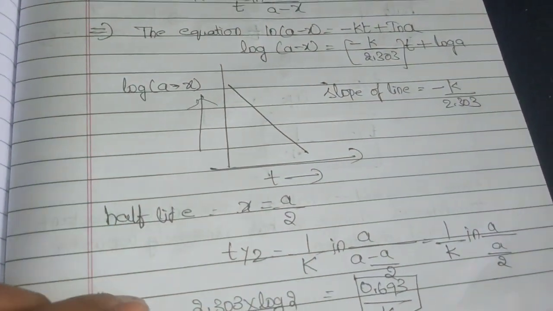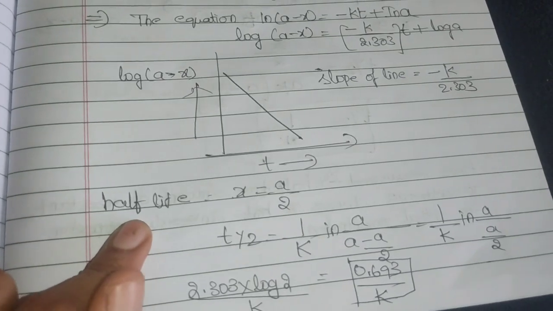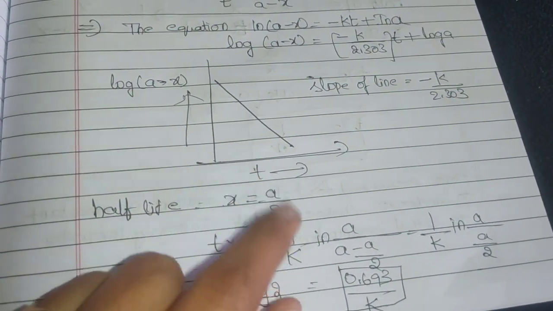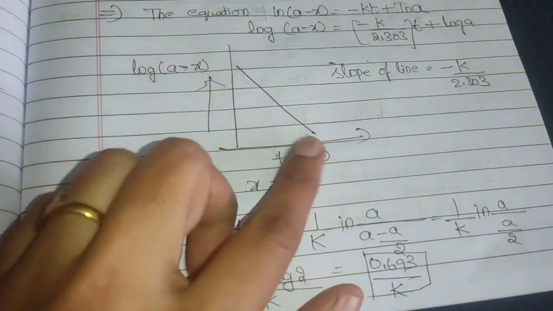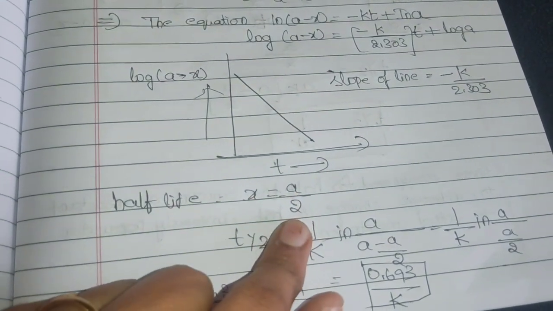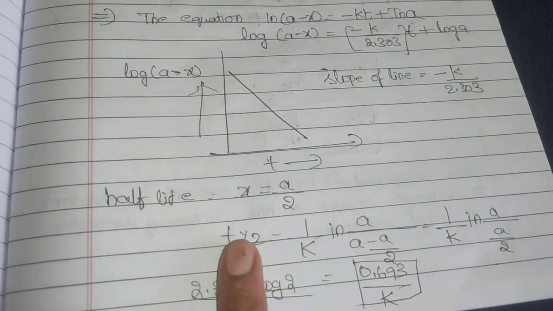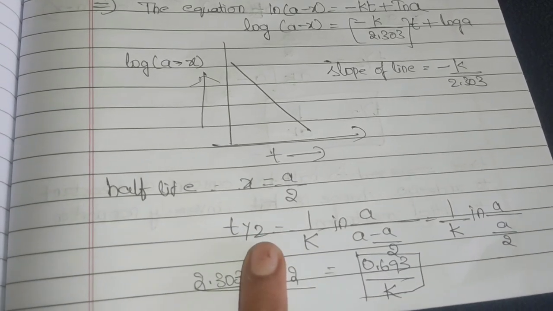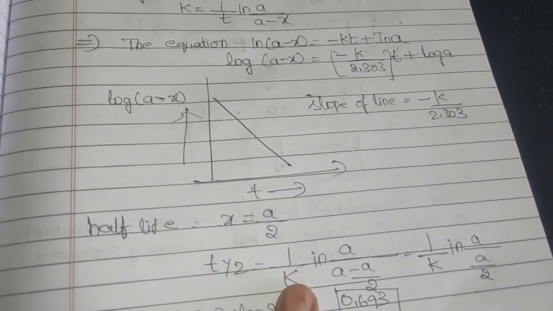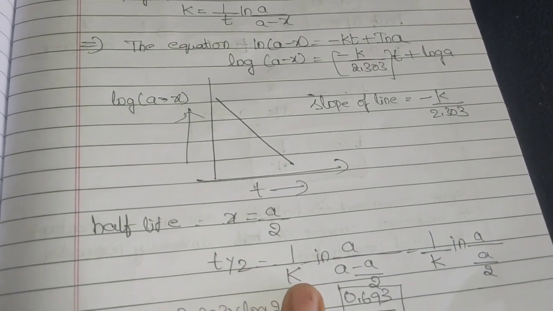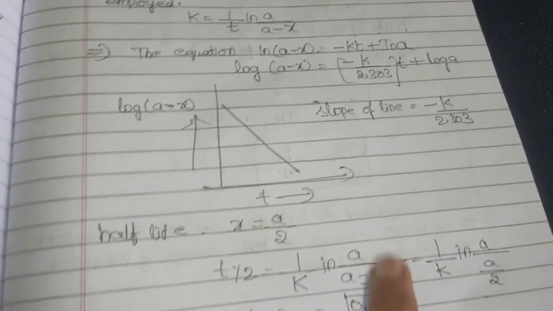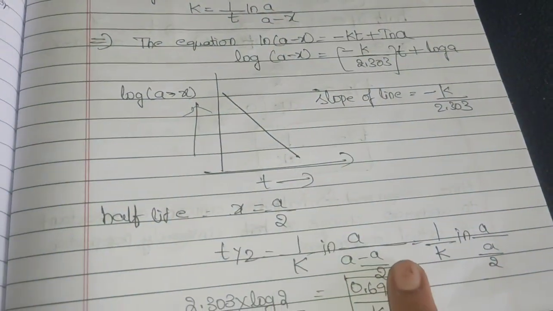Next we discuss the half-life of the first order reaction. We can say X is equal to A by 2, meaning that of the initial reactant, half has disappeared. So the half-life is T half is equal to 1 by K ln A by (A minus A by 2), where in place of X we are writing A by 2.